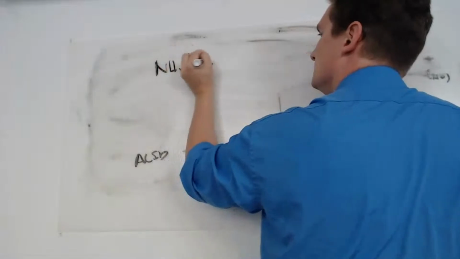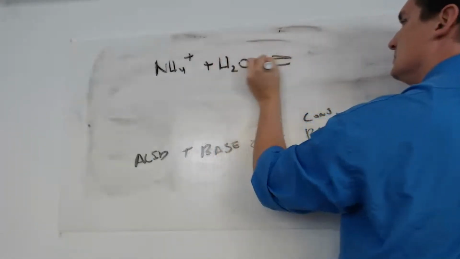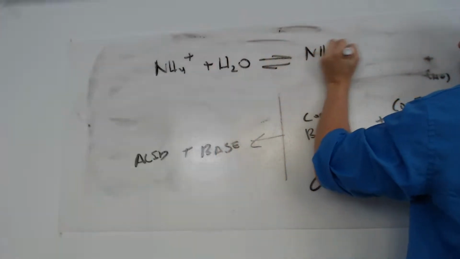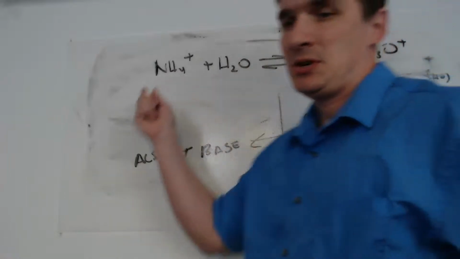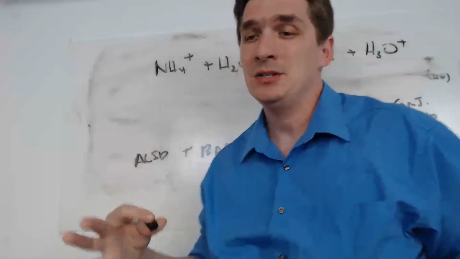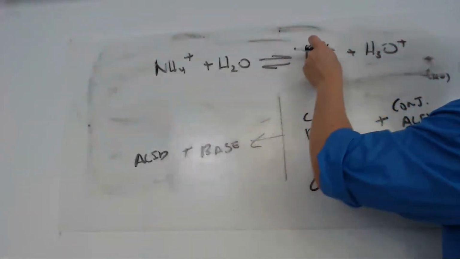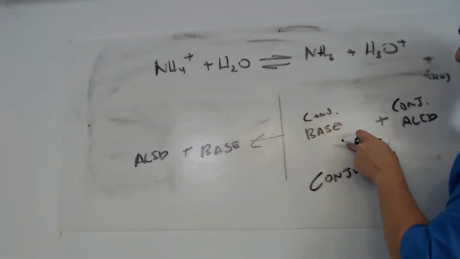So if you look at ammonium, ammonium starts with a positive charge. It loses a hydrogen, so it acts like an acid to form ammonia, NH3, which is its conjugate base.